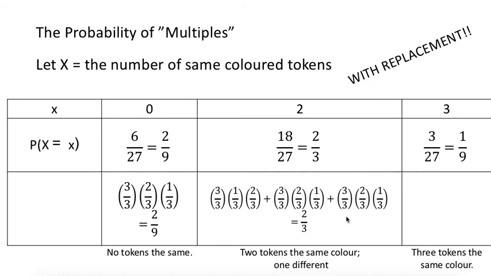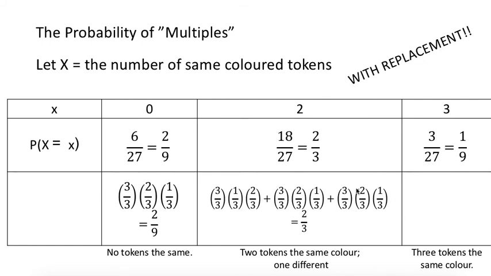Or, doesn't matter what the first one is, the second one has to be different, and the third one's the same as the second one. Okay? So there's 3 ways here. Same, different, same, same, same, different, and different, same, same. I said that wrong. No, I said that right.